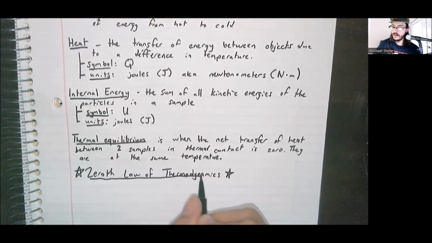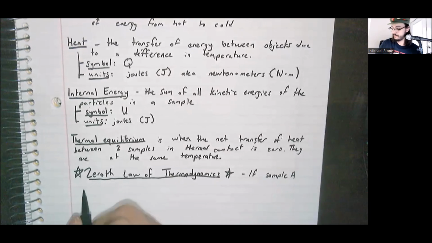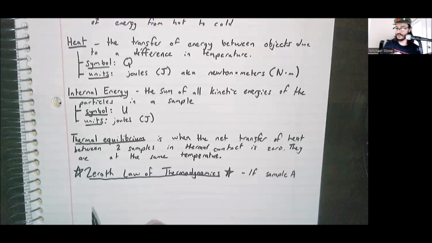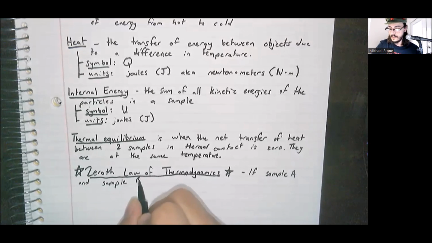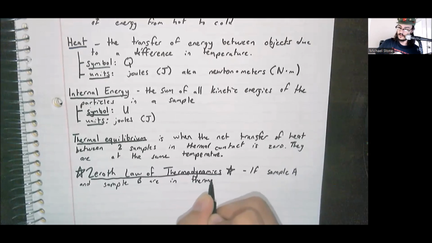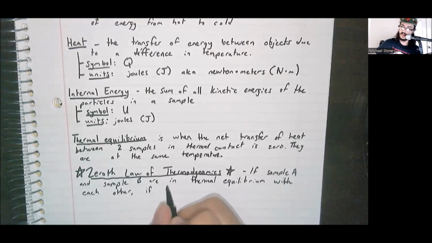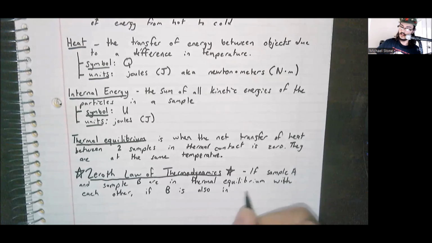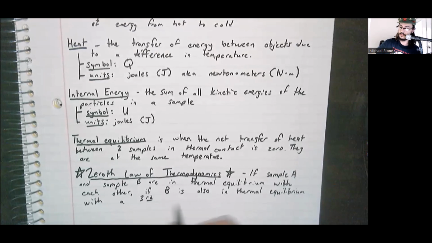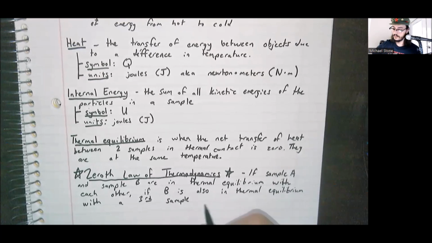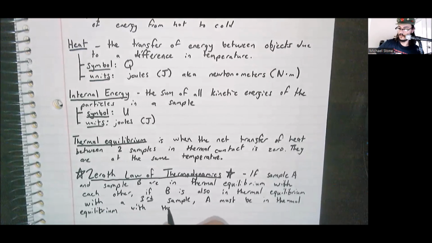And the idea of the 0th law of thermodynamics is, and it's not necessarily always phrased like this, I'm just trying to break it down so it's a little bit easier to follow: if sample A and sample B are in thermal equilibrium with each other, if B is also in thermal equilibrium with a third sample, let's call it C, A must be in thermal equilibrium with that sample as well.